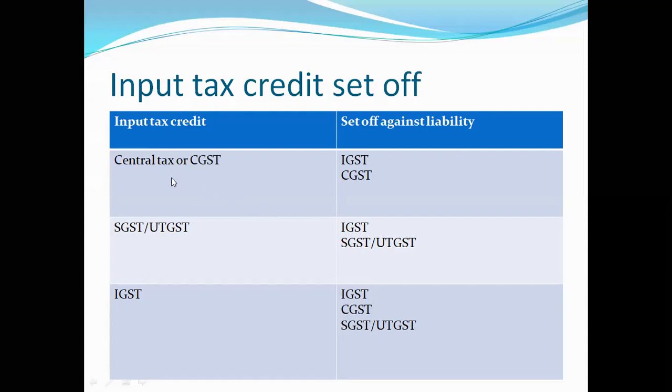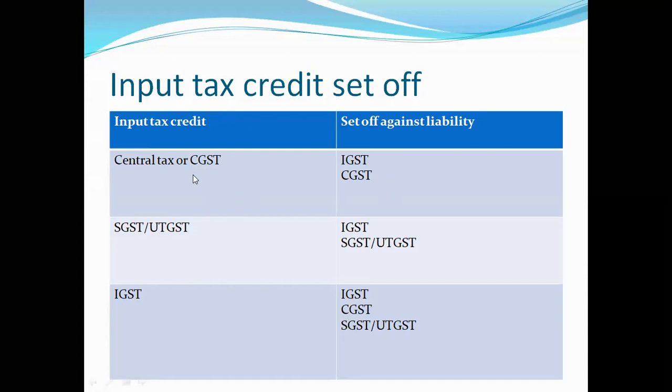Similarly, if you have your CGST balance, that cannot be used for payment of SGST tax liability. So there is no cross offset of SGST and CGST. You cannot pay taxes from the balance of SGST towards CGST and vice versa.